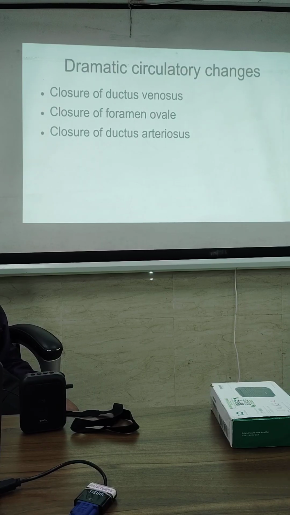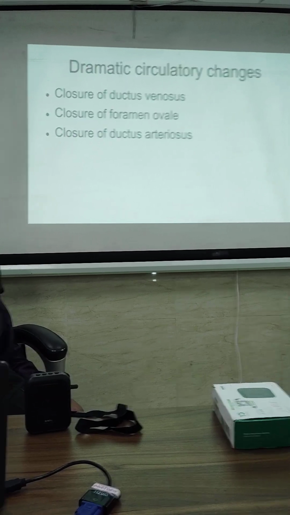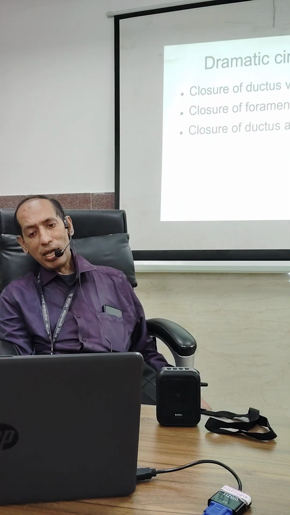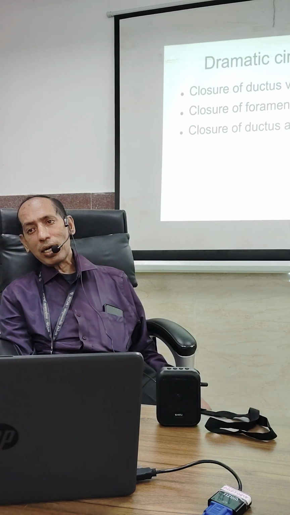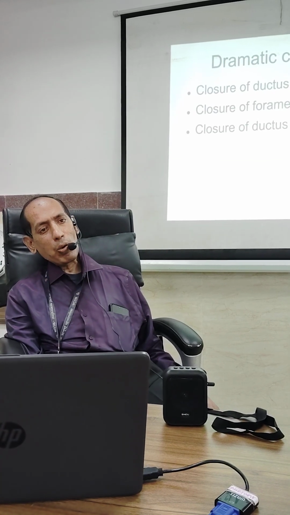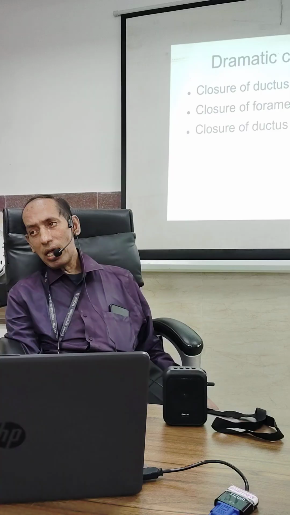This umbilical vein was entering the liver and passing through a thoroughfare channel to join the inferior vena cava without its oxygen being consumed by the liver itself. That passage is called the ductus venosus. The ductus venosus obviously now has no function, so it closes.